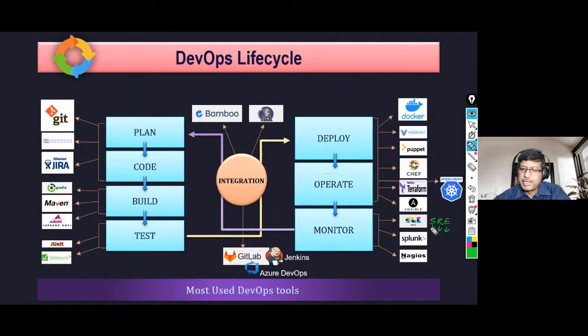I will not go into the details because we are not in DevOps. The next stage after DevOps is either you can jump into DevSecOps, which is part of cybersecurity, or you may have a stage of SRE.